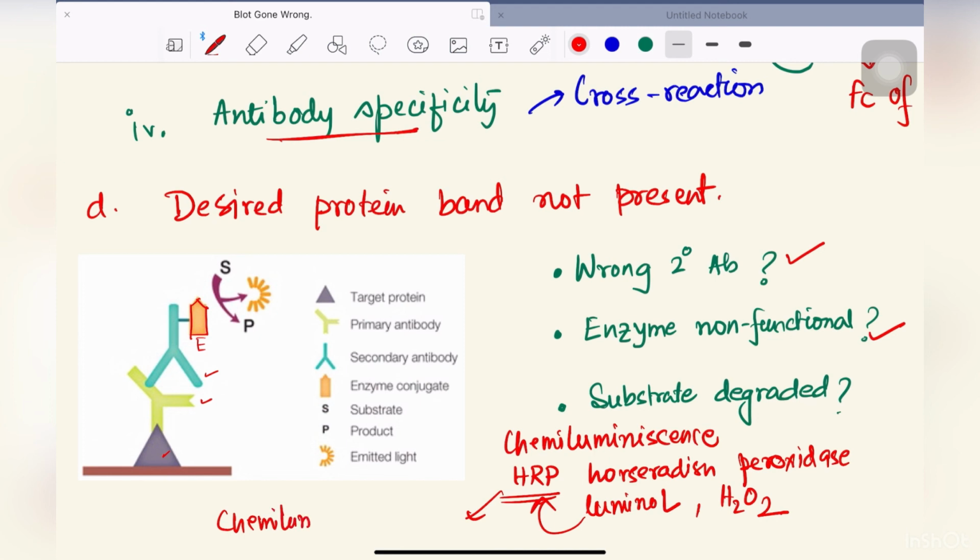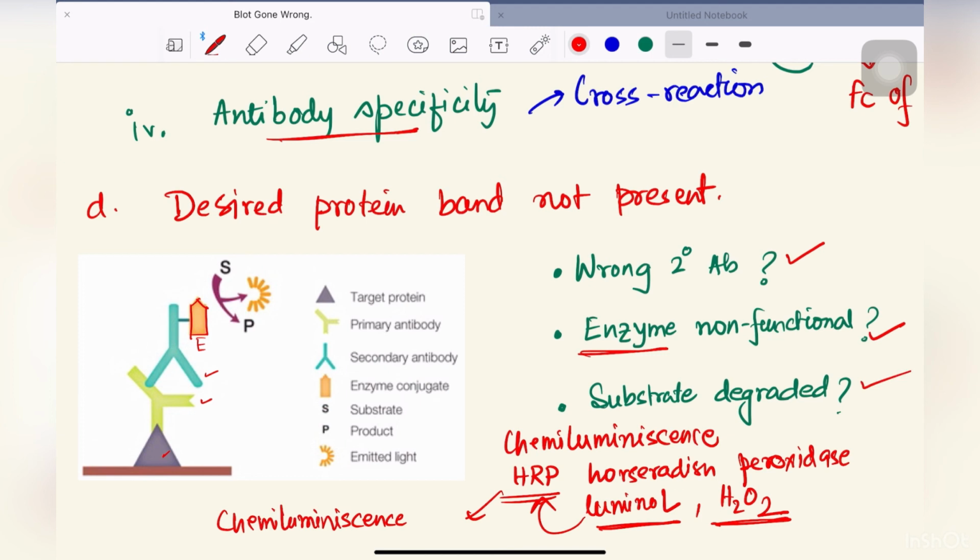So you have to check whether this enzyme is working properly or not. In case your protein band is not visible, then you have to check with a different aliquot of secondary antibody to check whether this enzyme is working or not. And the substrates which you will be using, like luminol and peroxide, whether they are degraded or not.